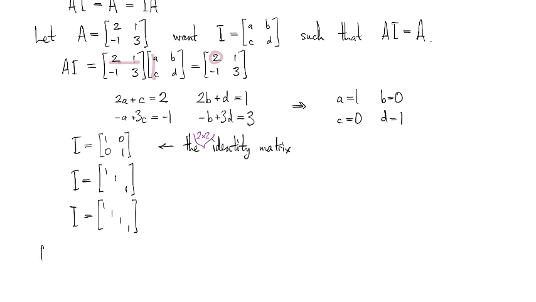So now if we go back to f of x is x squared minus 2x plus 6. So let's think of this as x to the first power and x to the 0th power.